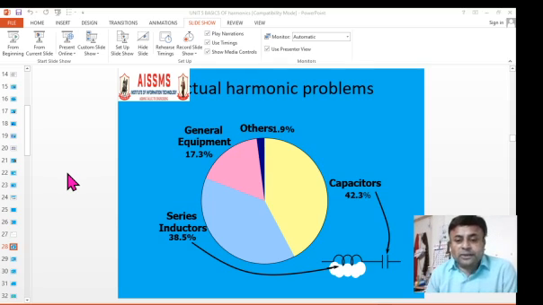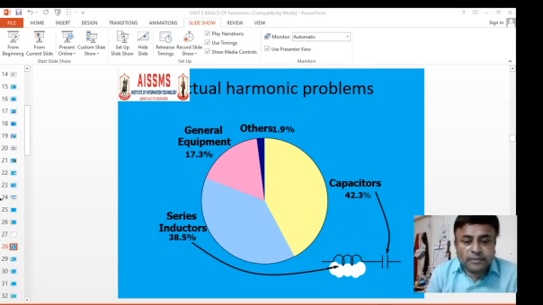If you consider the number of equipments, about 42.3% of failures and problems occur in capacitors because of harmonics. So these problems can be addressed by mitigation of harmonics.